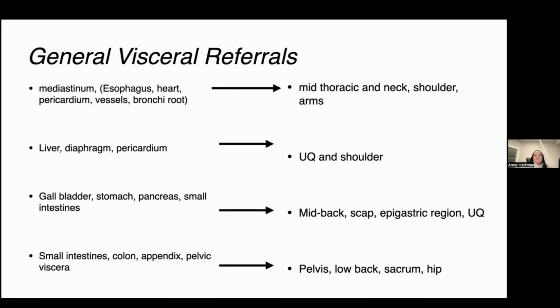So, some general visceral referrals. Pain referrals happen. Here's the thing about the viscera: the visceral organs don't have a whole lot of nerves to them. And so messages from the visceral organs to the brain when something is not right get a little muddied about what's going on, and are often represented by somatic pain in our musculoskeletal system.